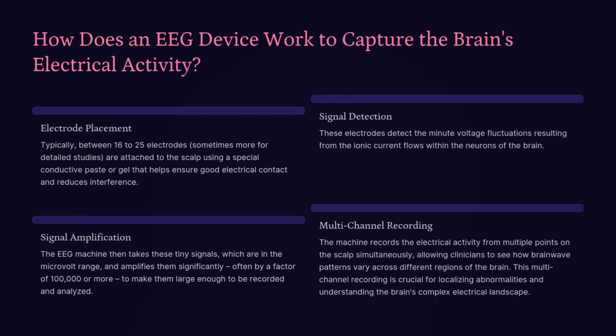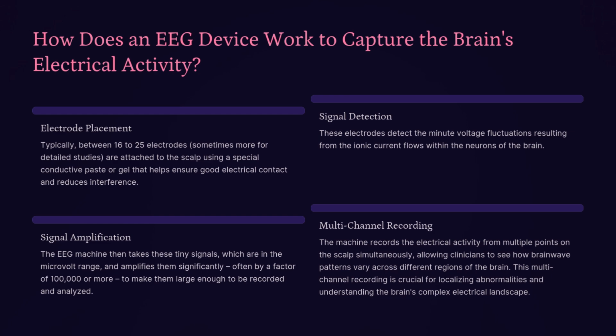These electrodes detect the minute voltage fluctuations resulting from the ionic current flows within the neurons of the brain. The EEG machine then takes these tiny signals, which are in the microvolt range, and amplifies them significantly, often by a factor of 100,000 or more, to make them large enough to be recorded and analyzed.